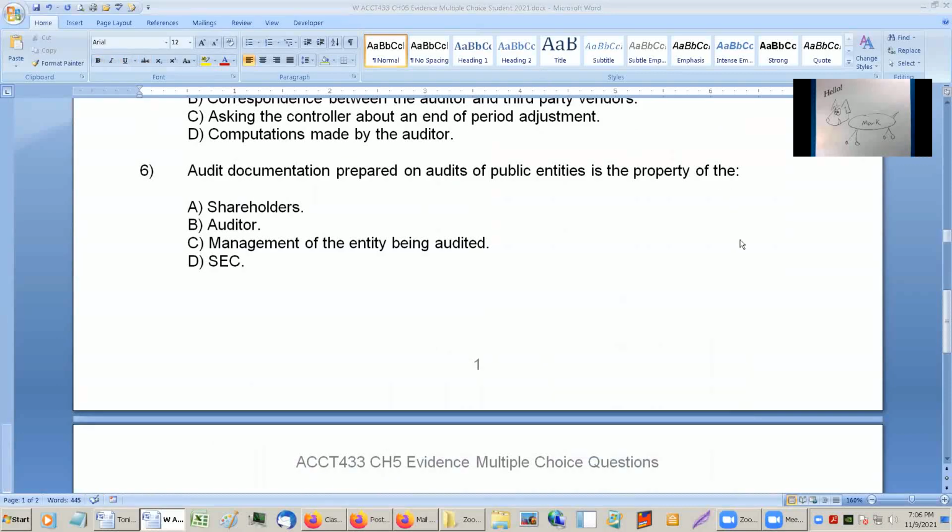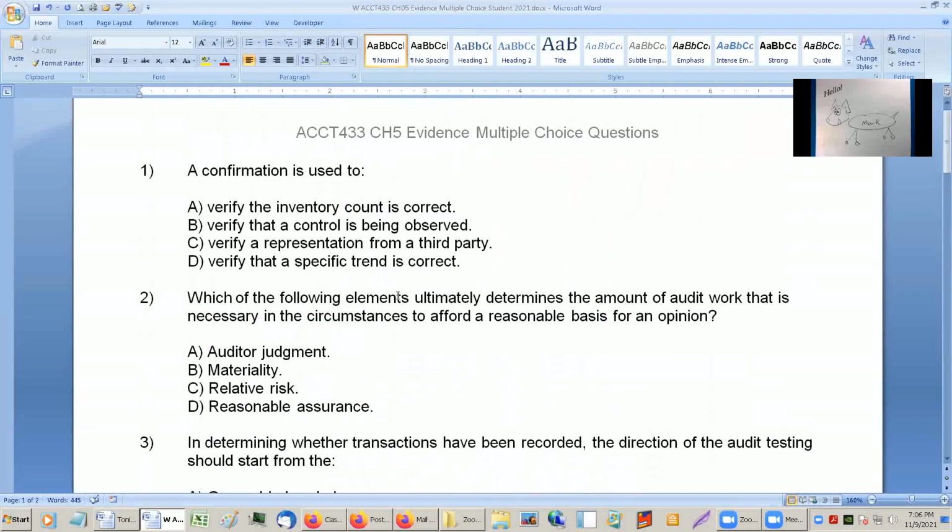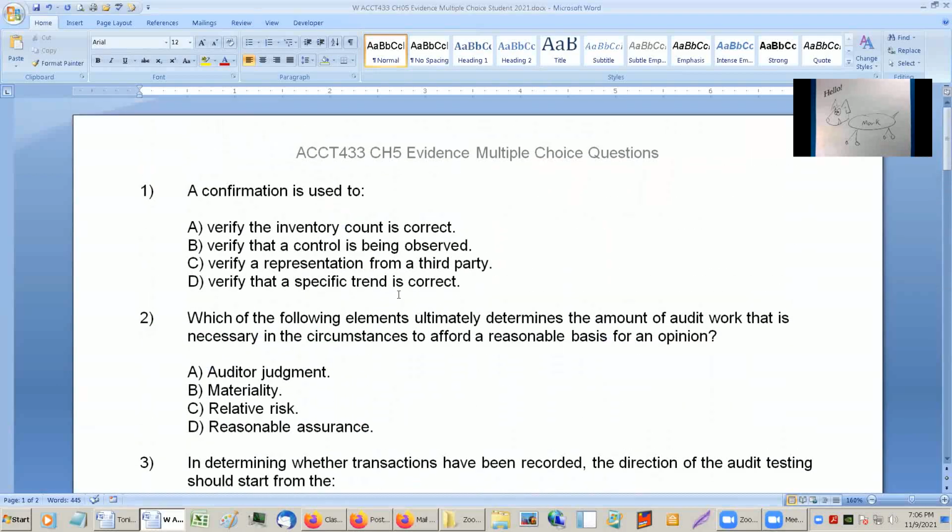Is anyone still working on this, on the multiple choice questions? We're still working on it. Okay.